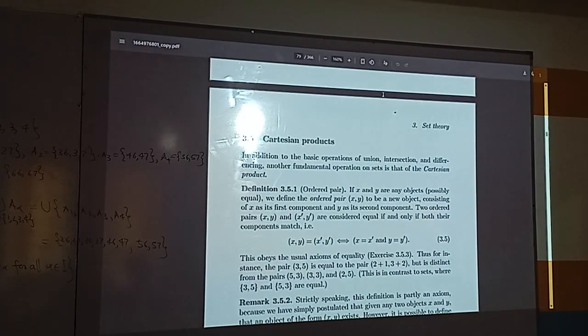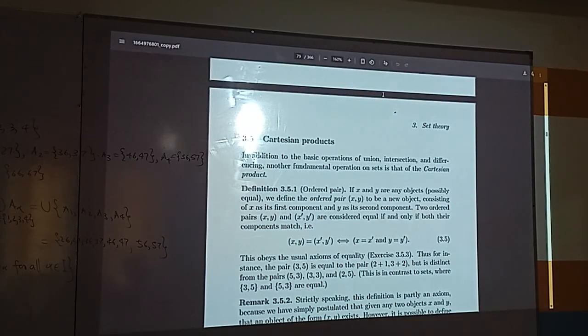Two ordered pairs (x, y) and (x', y') are considered equal if and only if both their components match, that is, (x, y) equals (x', y') if and only if x is equal to x' and y is equal to y'. So that is the definition.